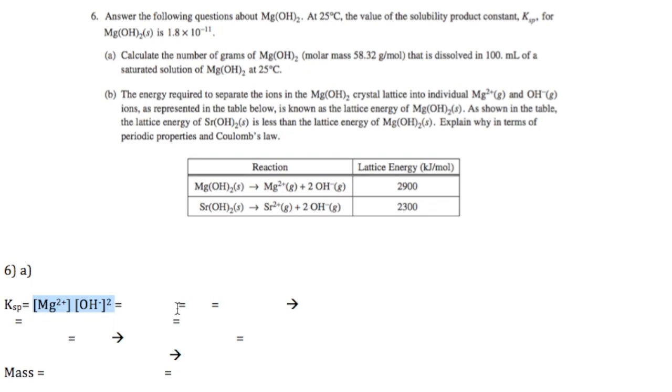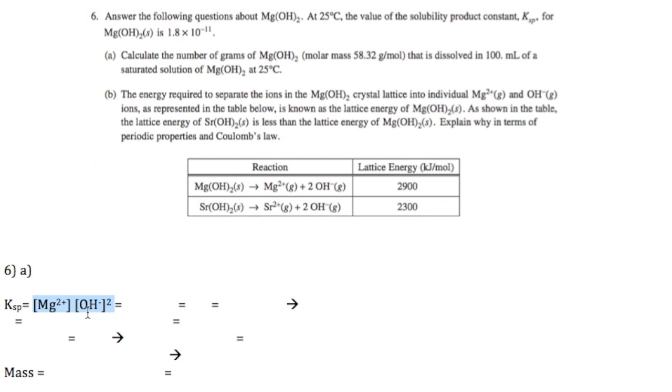So now that's quite tricky actually. It's difficult to understand, but we could actually replace the concentration of Mg2+ with C. So if we substitute C for the concentration of Mg2+, then the concentration of OH- would be 2C, because as we can see in this equation, there are twice as many OHs as Mg.